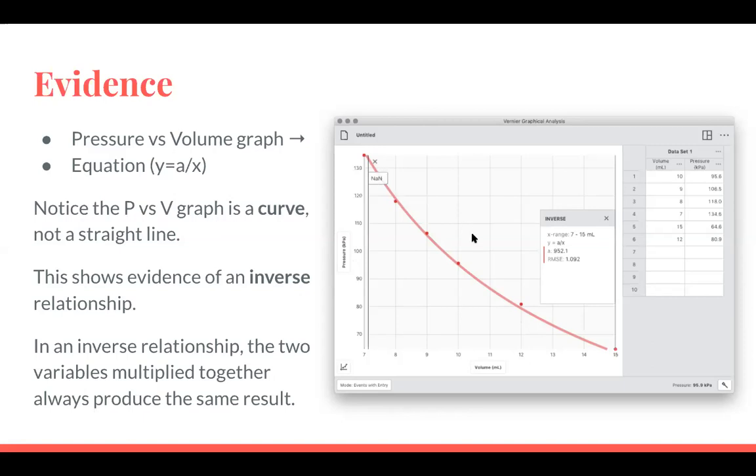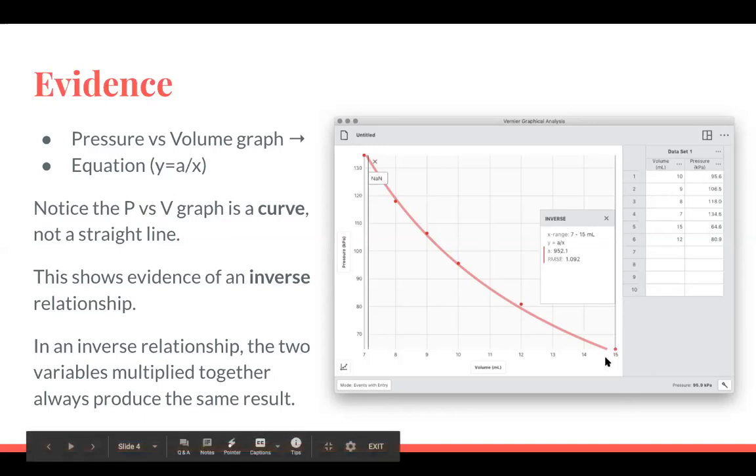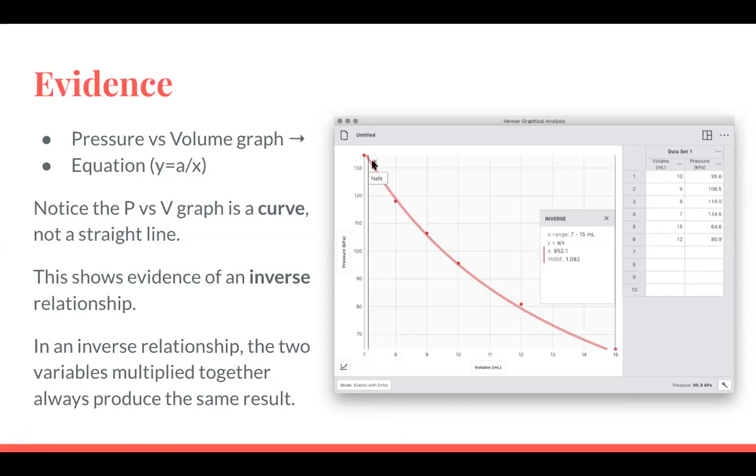Your numbers might be different, totally okay. This number isn't that important. What's more important is that when you multiply pressure and volume, they work out to be about that value. That's what gives us this curve shape. It's what tells us it's an inverse relationship. And eventually it'll let us come up with a mathematical expression for figuring this out.